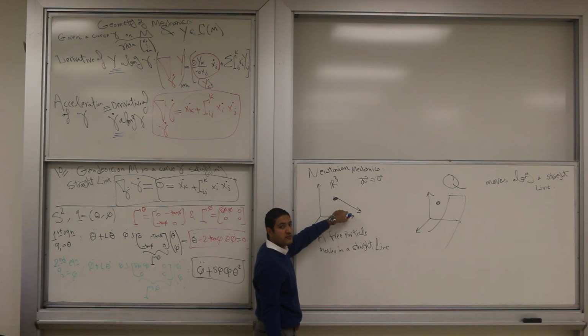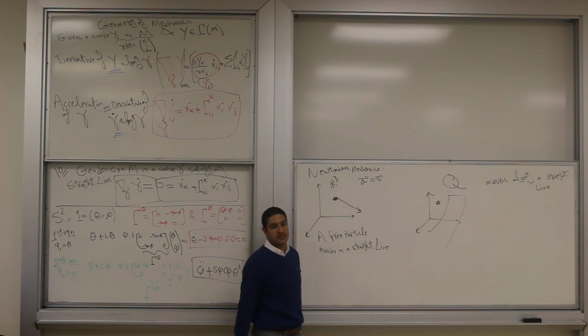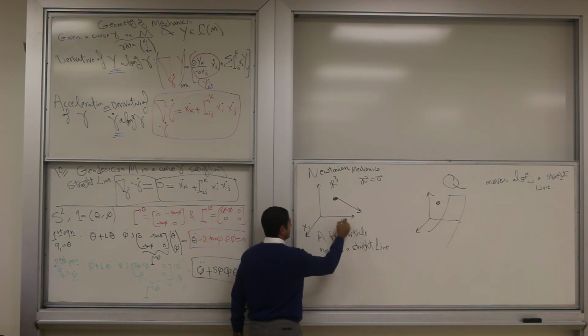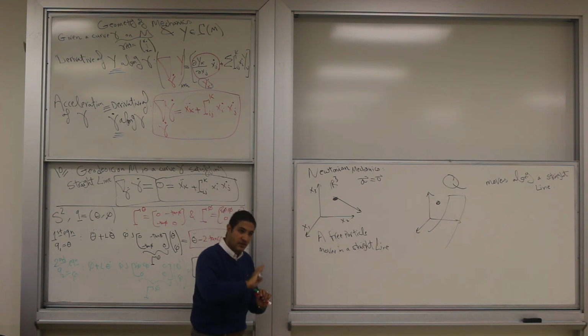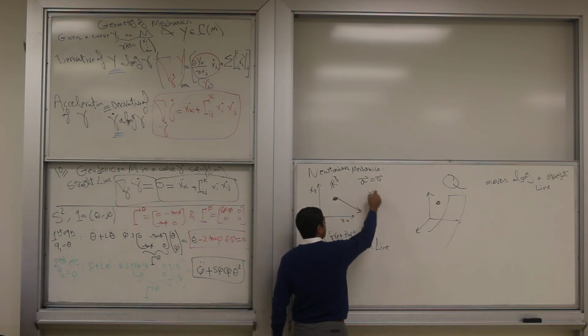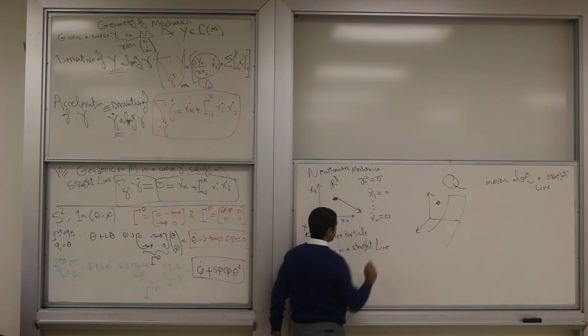There is no way to write it in coordinates, unless your coordinate system is inertial, is fixed or moving with constant velocity. If this is the case, so here are your x's, x1, x2, x3. If your system is inertial, is not rotating, is not accelerating, then it's x1 double dot equals 0, up to xn double dot equals 0.